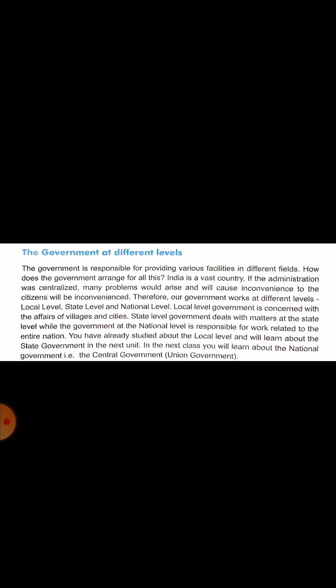Any issues inside the state, the state government will make solutions for, and take steps for the development of the state. And the third one is the national level. The national government works for the entire welfare of the nation, the complete nation.